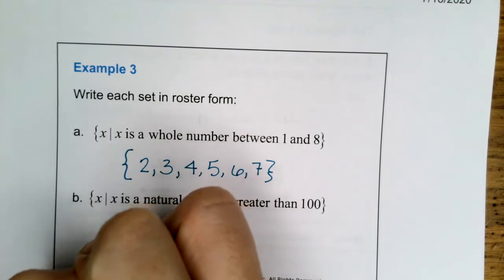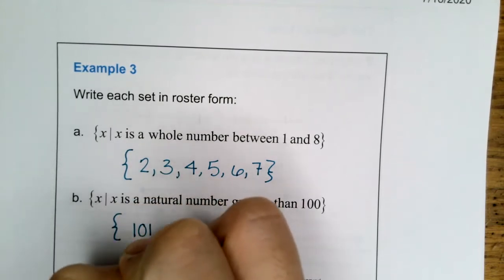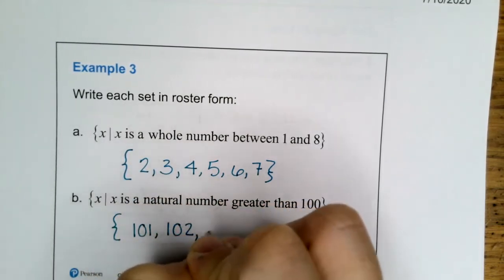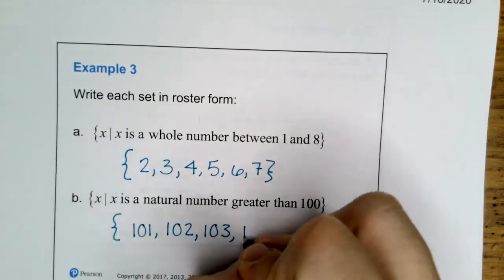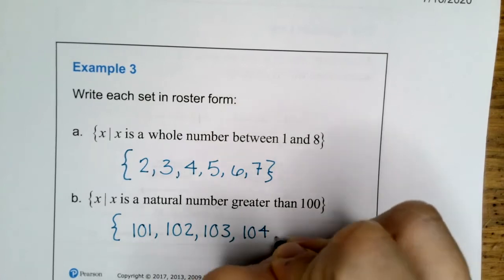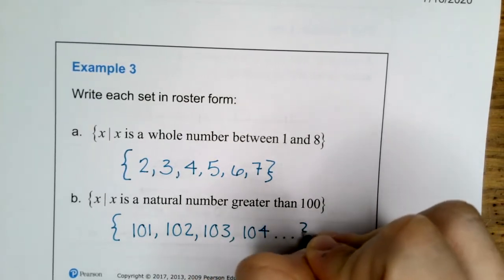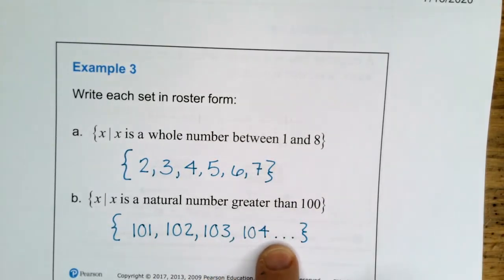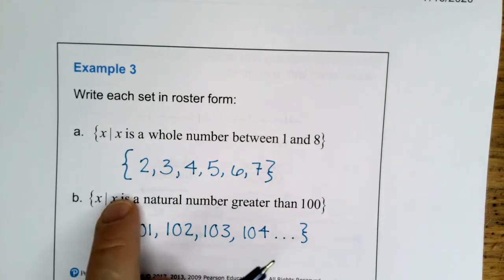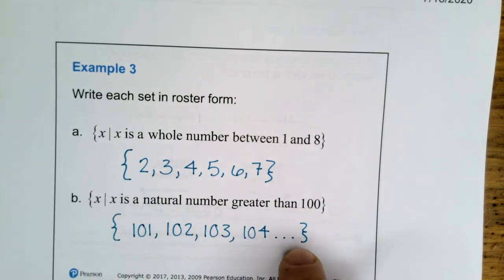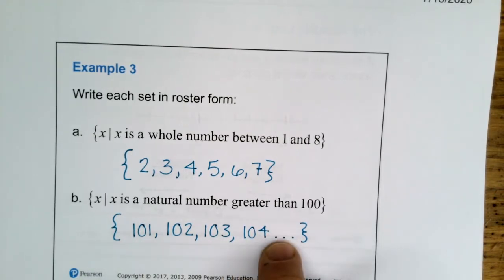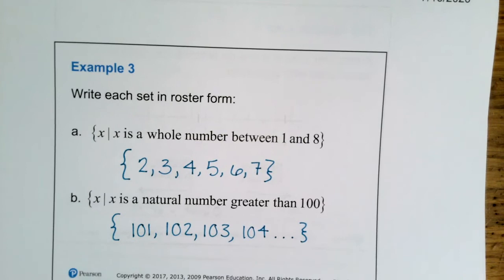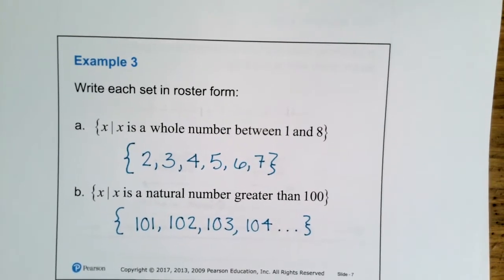And as we just looked at, make your pattern clear. My pattern right now is clear, I'm just adding 1. And then you do 3 ellipses, saying continuing in this way forever. These are all natural numbers greater than 100 in this set because I started listing them in a direct pattern and then I added an ellipsis. Good.